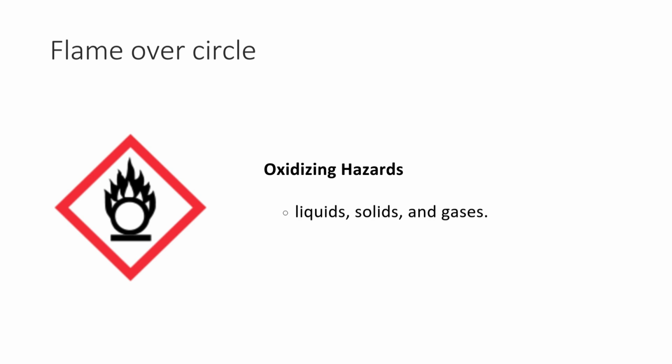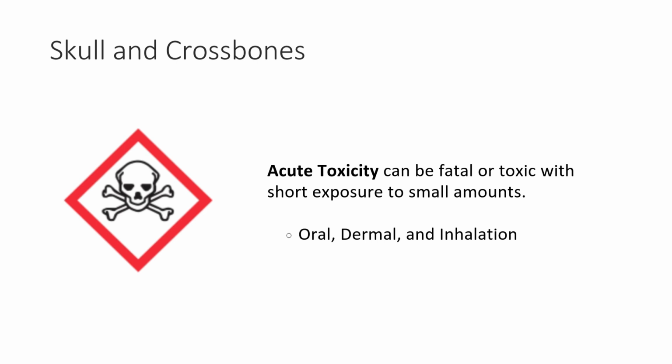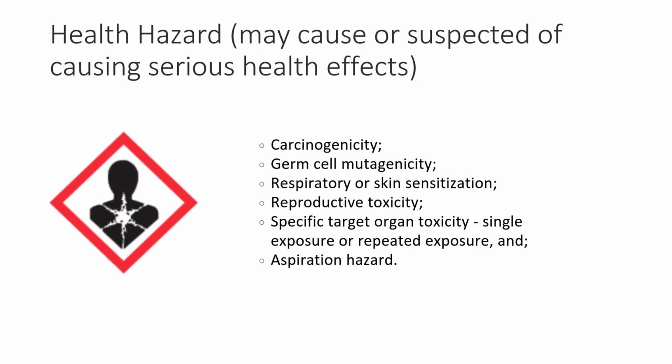A flame over a circle is used to identify oxidizing hazards. The skull and crossbones is used to identify acute toxicity hazards. This symbol is used to identify health hazards that may cause or are suspected of causing serious health effects. For example, carcinogenicity, reproductive toxicity, and more.